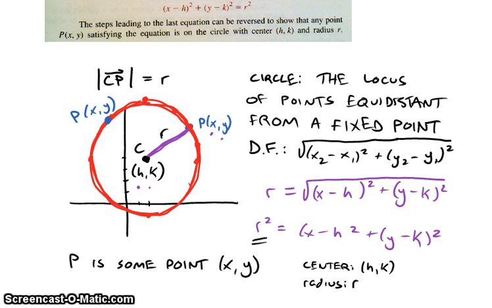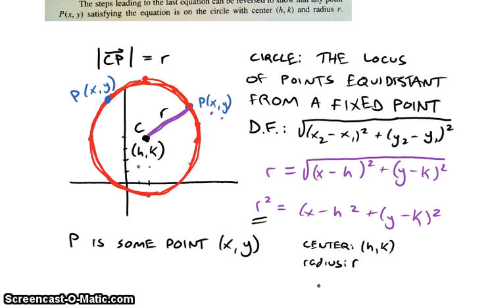And x, y represents any point on the circle, any point that is part of that locus of points. Any point on the circle is called x, y.